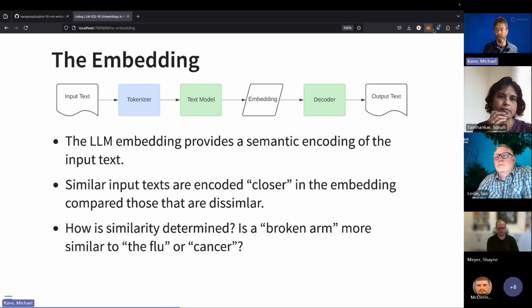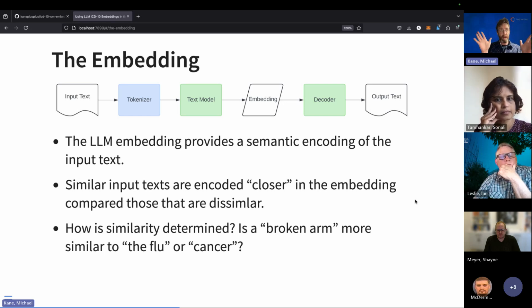Just as a review, this is a simplified version of how we were thinking about the LLM. Basically, you have this input text for the ICD-10 codes. It's going to be the description, the diagnosis. That is going to be tokenized, which means it goes from the set of words, the input text, to a numerical representation of the sequence of words.